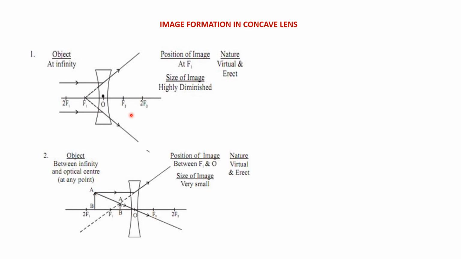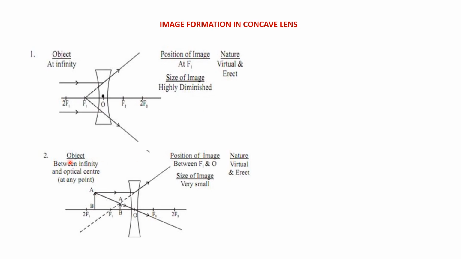So F1 is the principal focus in case of concave lens and F2 is the principal focus in case of convex lenses, right? Here it appears that the rays are coming from the F1 principal focus, right children? Here the size of the image is highly diminished. It is virtual and erect.